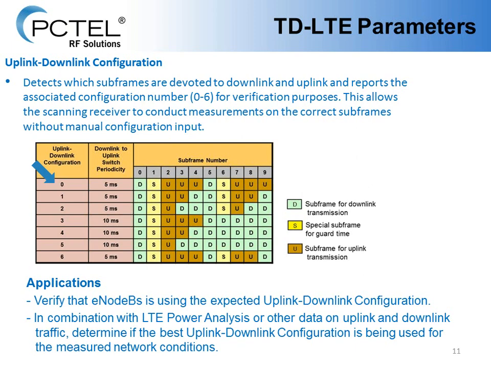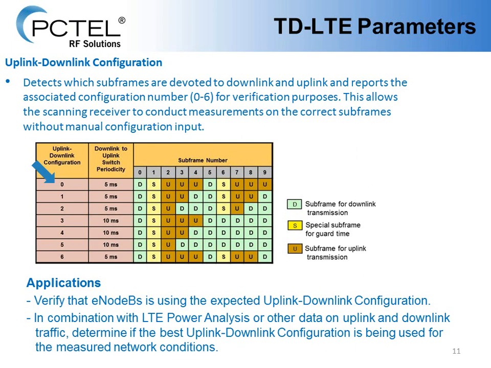On the next slide, I want to talk about TD-LTE a little bit. I know for the most part what's deployed today is FD-LTE, but TD-LTE is coming on strong, particularly in some of the Asian countries and even Latin American countries.